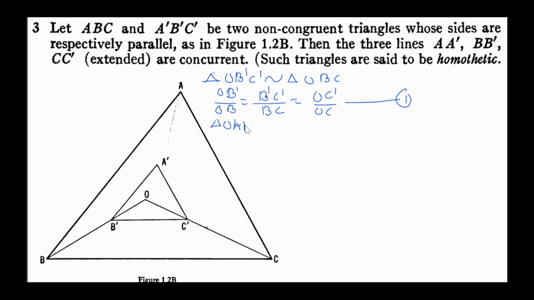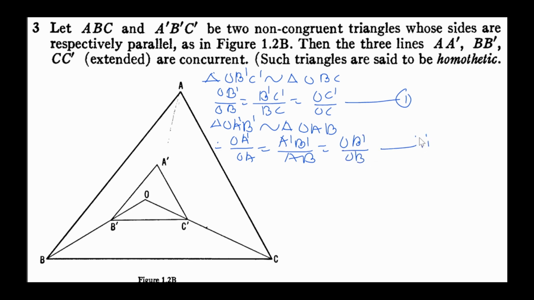Triangle OA dash B dash is similar to triangle OAB. Therefore, OA dash upon OA is equal to A dash B dash divided by AB is equal to OB dash divided by OB.